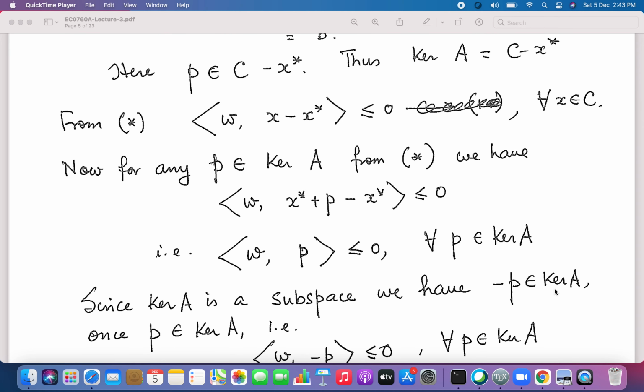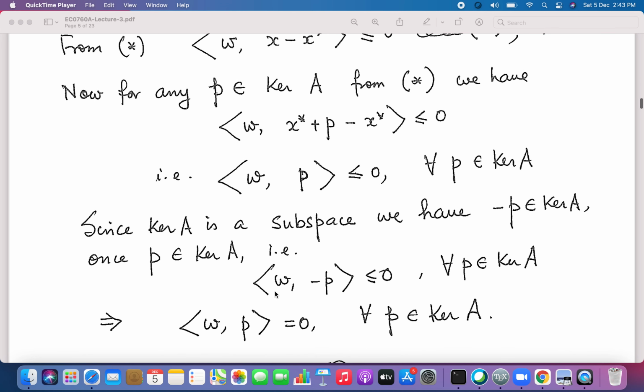Now this simply means, because this is true for any p in the kernel of A, and the kernel of A being a subspace, minus p is also in the kernel of A. So the inner product of w with minus p is also less than or equal to 0, which means the inner product of w and p is greater than or equal to 0.